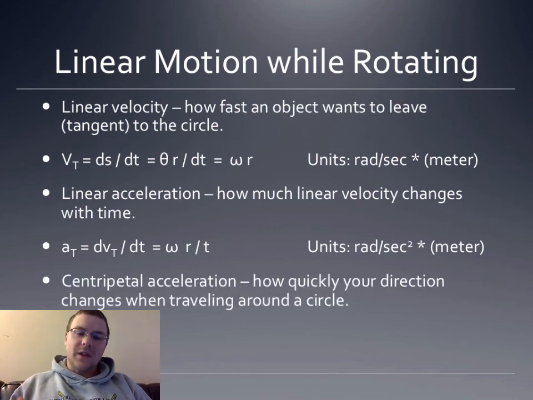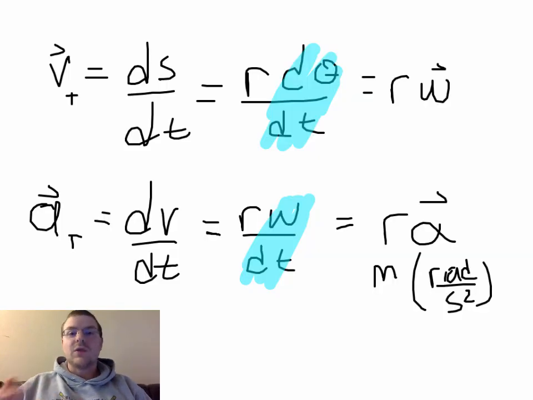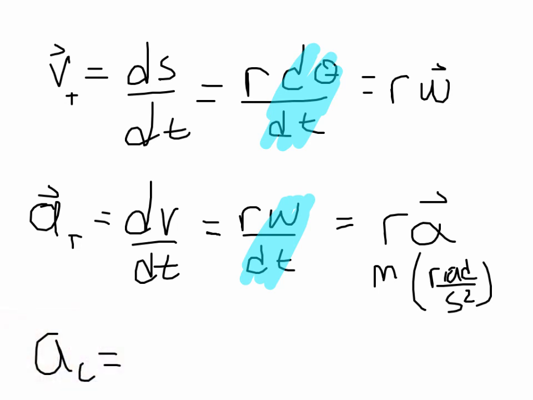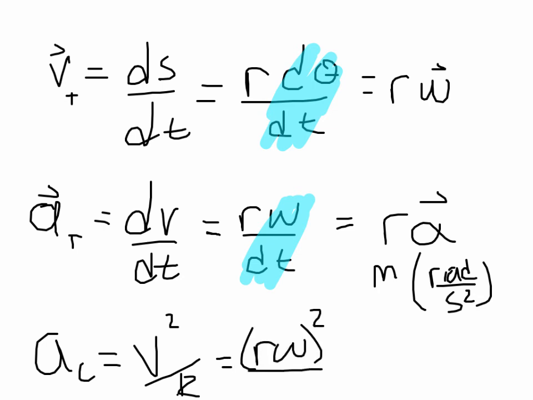Also, one other thing they might ask you is when you're going in a circle, not only could you linearly accelerate, but you always centripetally accelerate, which means how quickly your direction changes. So we can translate centripetal acceleration, take our rotating equations, and get a centripetal equation. Centripetal acceleration we know is v squared over r, and in this case, v is now r omega, and we're going to divide that by radius.